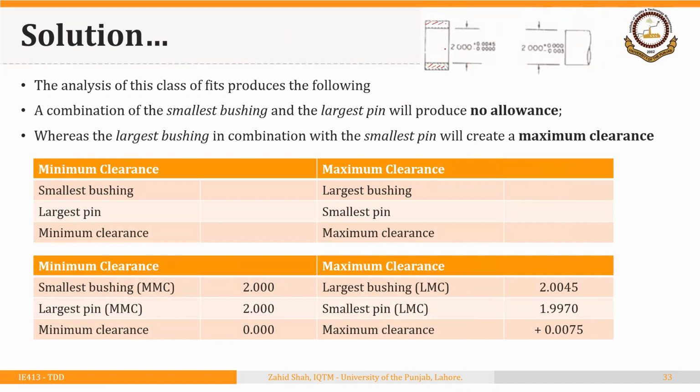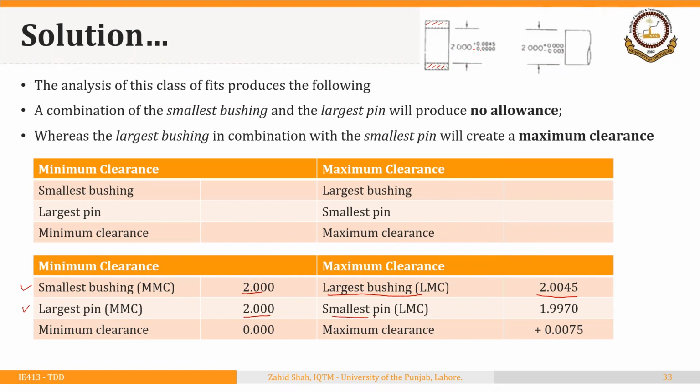The smallest hole that we can make will be equal to its lower limit, so that is 2. That is the smallest bushing or hole that we can make. And the largest bushing that we can make will be equal to its upper limit, so that is 2.0045. Similarly, the largest shaft or pin that we can make will have a size equal to its upper limit, so that is 2.000.